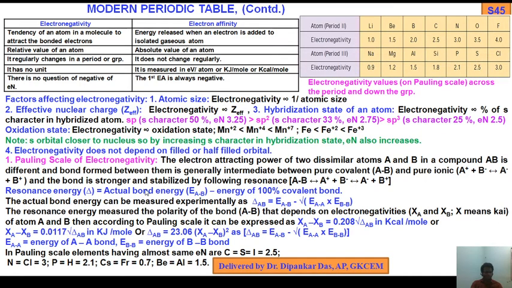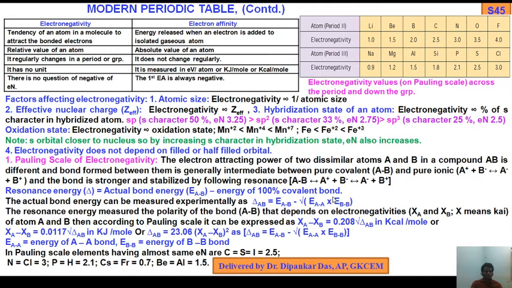The bond is stronger and stabilized by the following resonance: AB, A+B-, and A-B+.